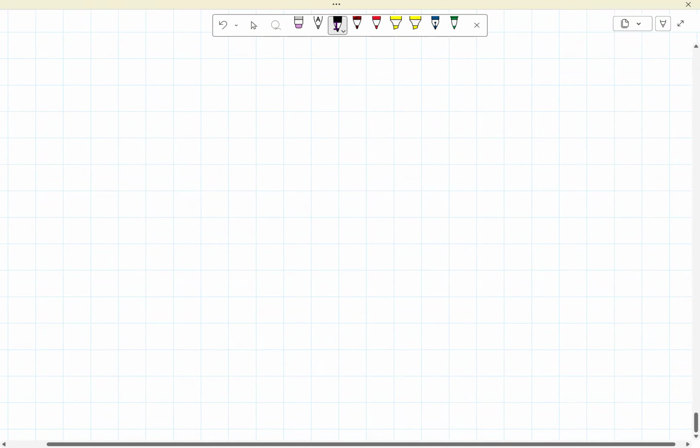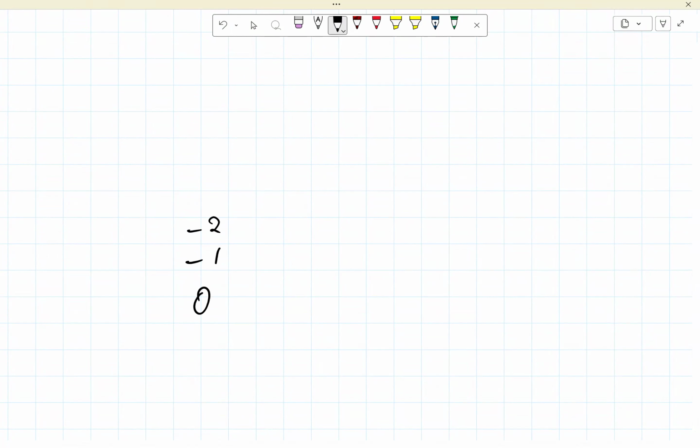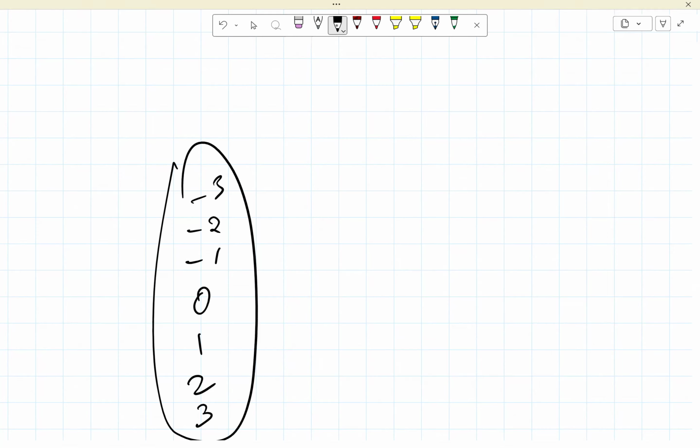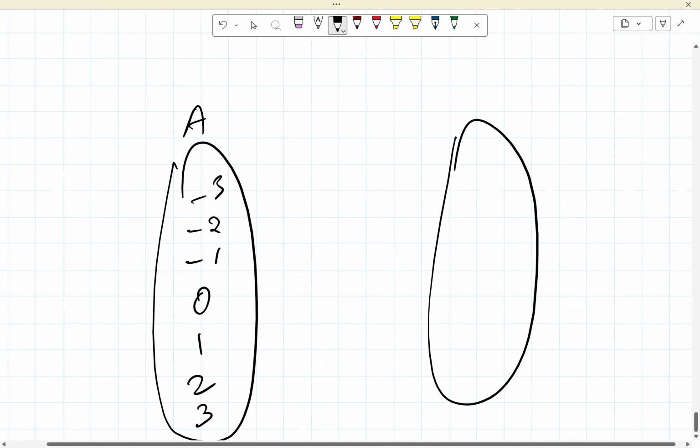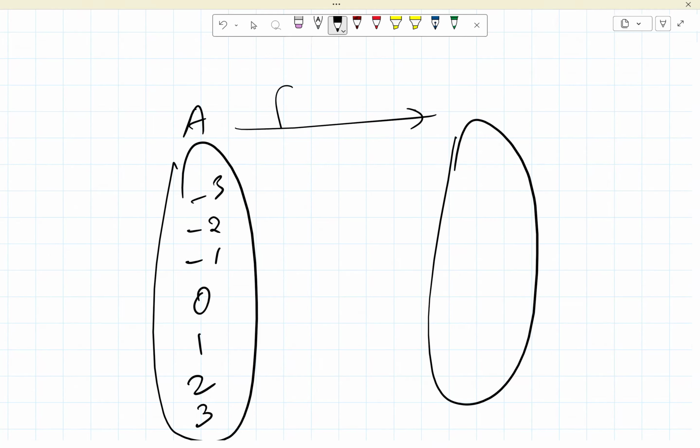Imagine you have minus 3, minus 2, minus 1, 0, 1, 2, and 3 here. So this is A now, and this is B. Let's say the function is x squared.